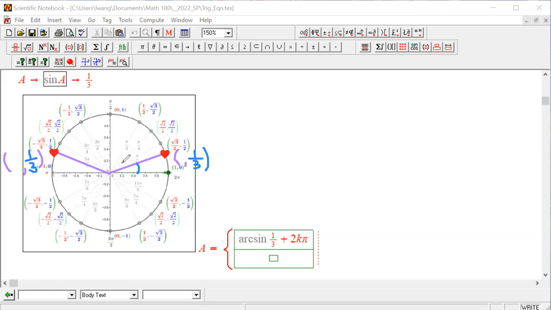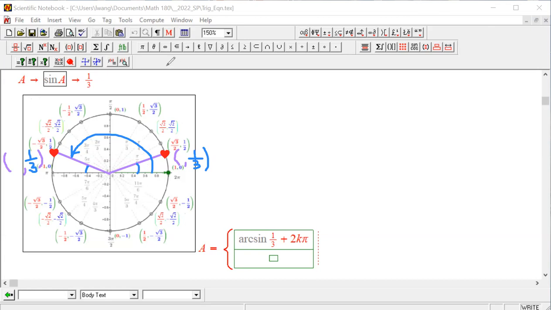Now the question is, the range of arc sine is between negative pi over 2 and positive pi over 2, so arc sine doesn't represent this angle. But because they have the same reference angle, if we measure the angle from here, this angle will be pi minus arc sine 1/3.